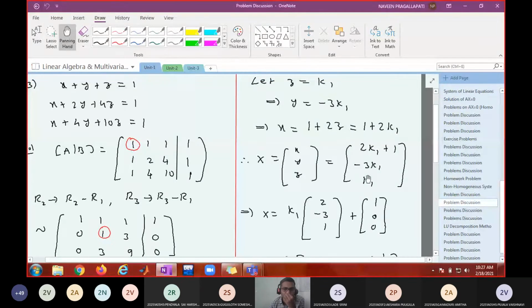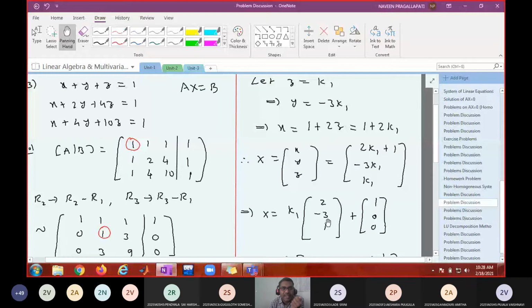By that time I asked you, are these two independent solutions? You remember, this is a non-homogeneous system, Ax equal to b, b not equal to 0.